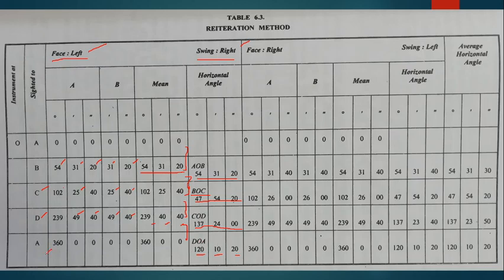But here one point is to be noted about 360 degrees. You will not always get exactly 360, but you may get either a little less than 360 degrees or more than 360 degrees. This actually happens due to slip of the instrument.